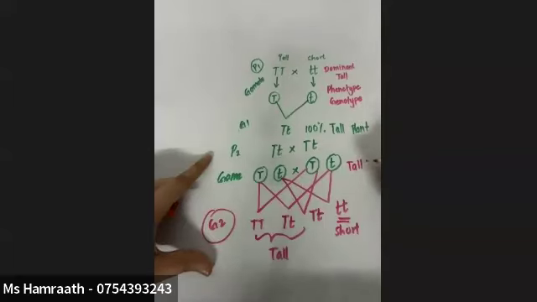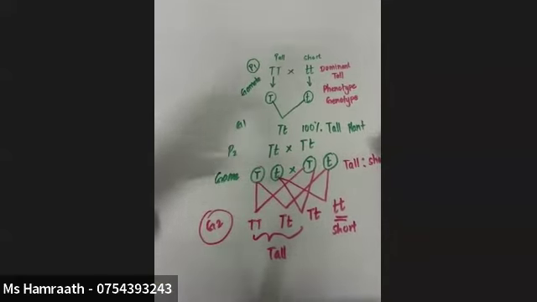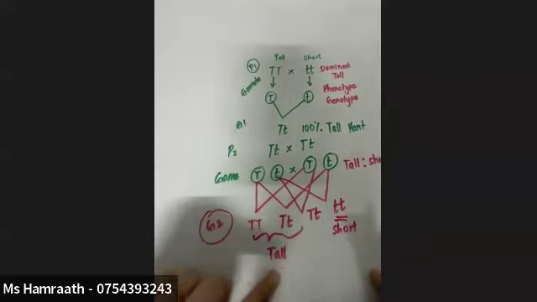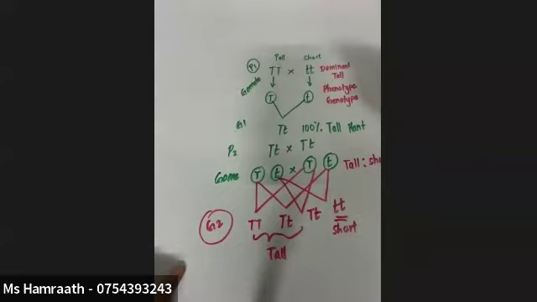I can see tall and short. Now tell me, how many tall plants do I have according to the generation 2 phenotype? Three tall plants. How many short plants do I have? One. So what's the answer for the phenotype? My phenotype is 3:1.